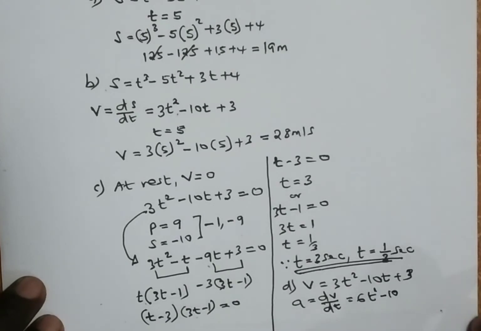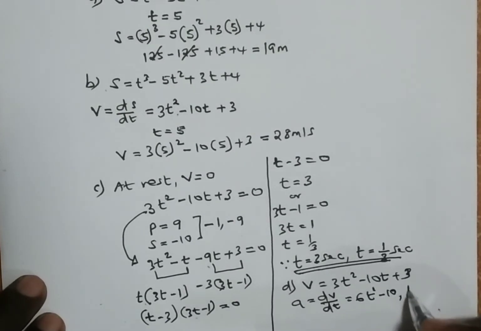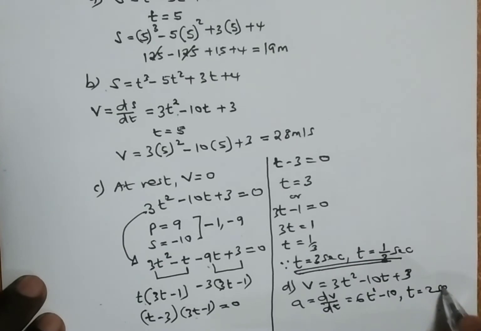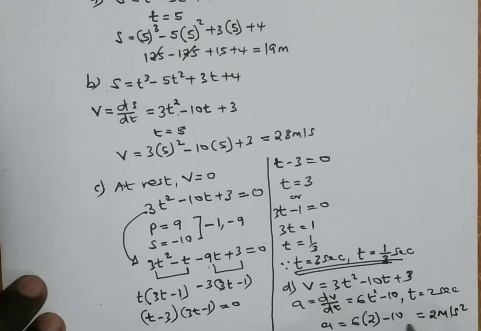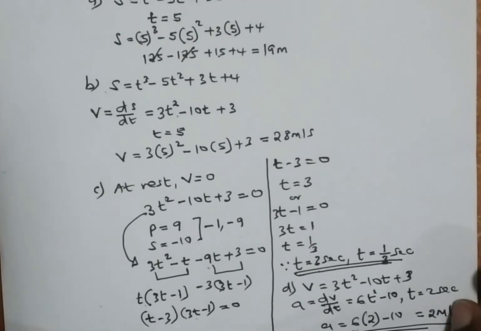So we know when time is 2 seconds, our acceleration is going to be equal to 6 times t, which is 2, minus 10, and this is going to give us 2 meters per second squared as our acceleration. And that is the answer to part D of this particular question.